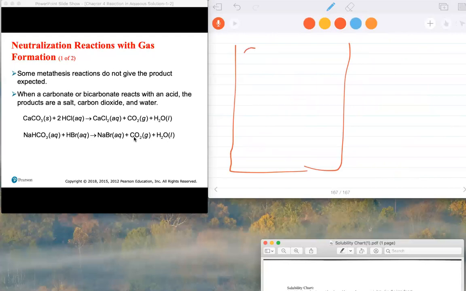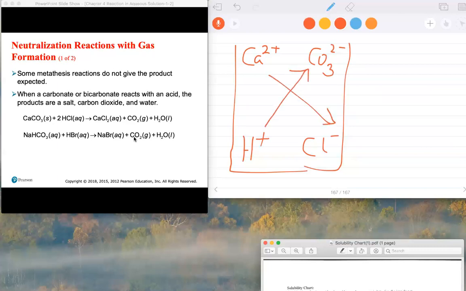This has the carbonate ion, which is 2-, and HCl has chloride and hydrogen ion. If we do the crossover rule to write the correct formulas of the products, this is what we have: CaCl2.